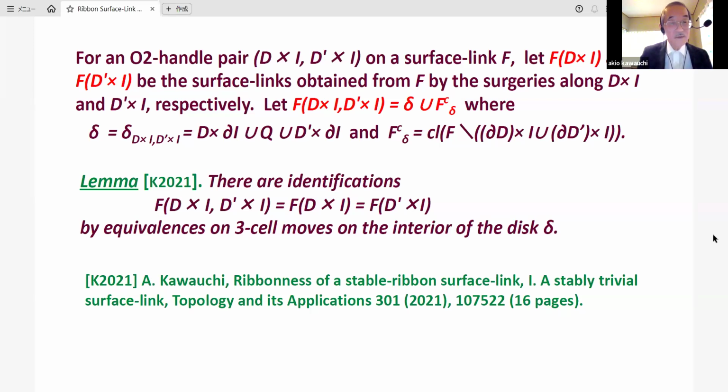It's just the union of D×∂I, the plumbing square Q, okay, and D'×∂I. And F∖Δ is the complement of the attaching annuli ∂D×I and ∂D'×I in F.